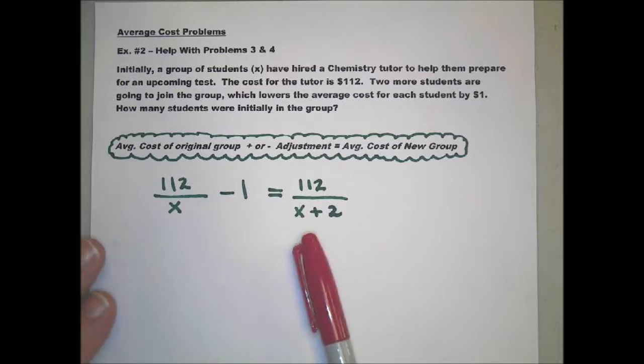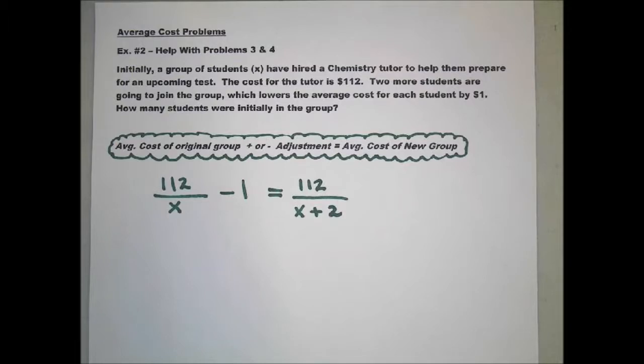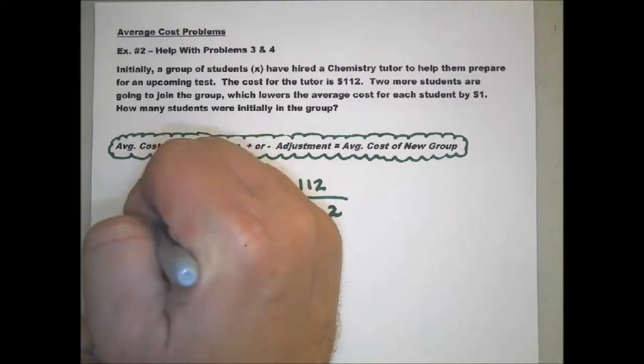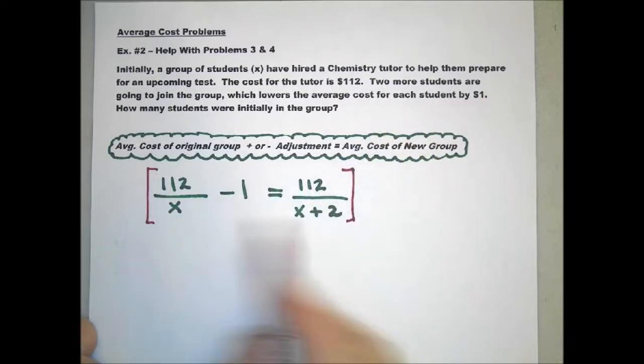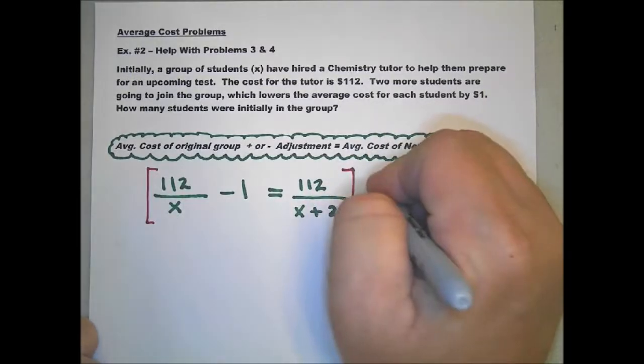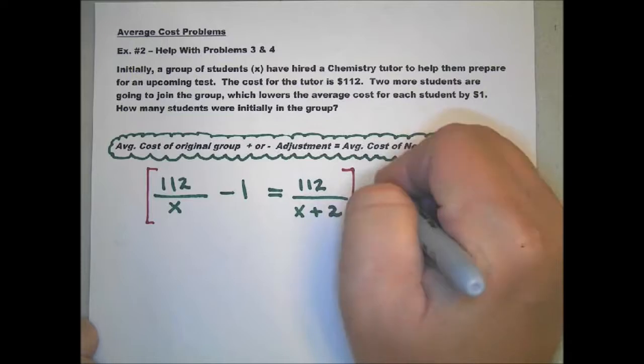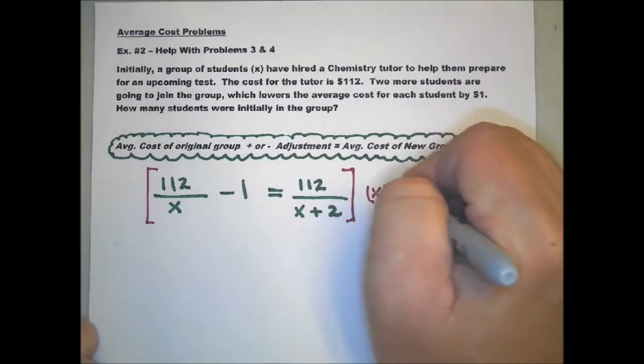So here's the setup for the problem. Okay, now that we've got the problem all set up, let's start solving it. We're going to want to clear all the fractions. So in order to clear the fractions, we're going to multiply each term in the problem by the least common multiple, which in this case is x times x plus 2.